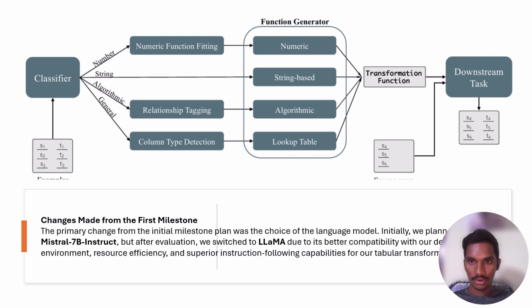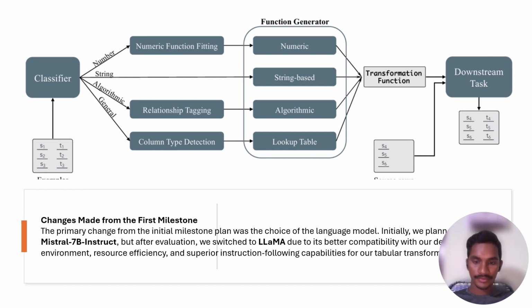And what are the changes that we made from milestone one? We had been discussing Mistral 7B Instruct. We considered that as a first priority, but downstream, when we worked with it, we faced some hurdles. So we shifted to the Llama model, which is much more accurate.